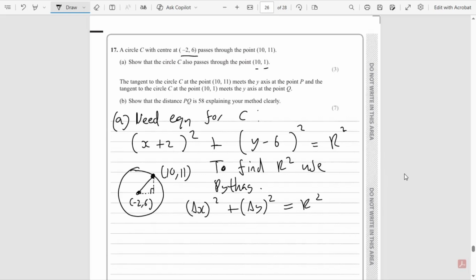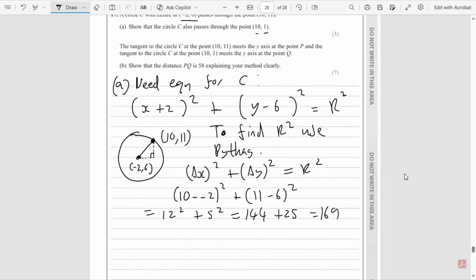Change in x values squared plus change in y values squared equals radius squared. The change in the x values: we go to 10 and we started from -2, so 10 take away -2, all squared, plus 11 take away 6, all squared. This gives us 12 squared plus 5 squared, so 144 plus 25, which gives us 169.